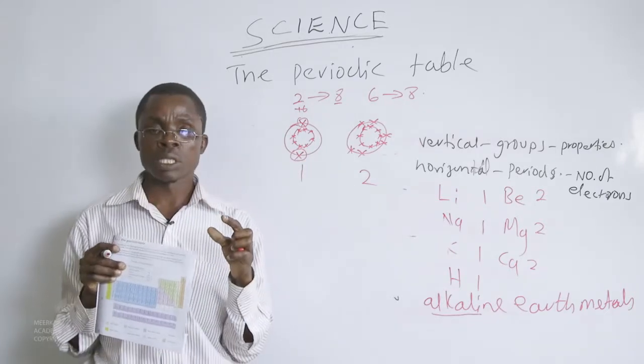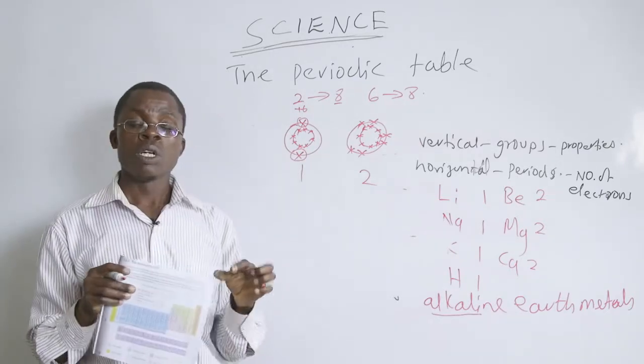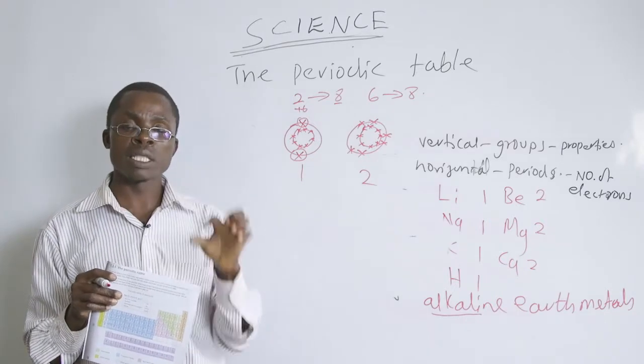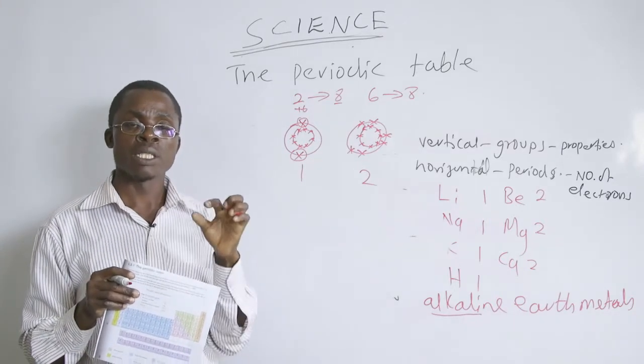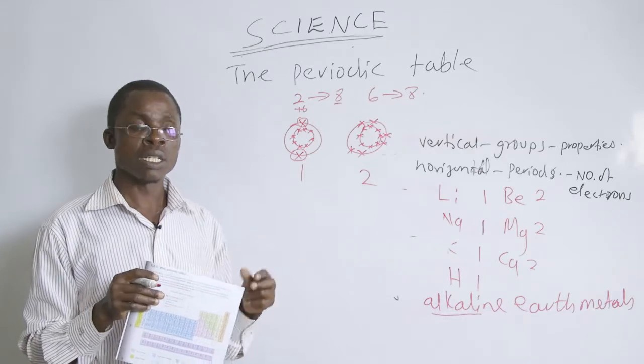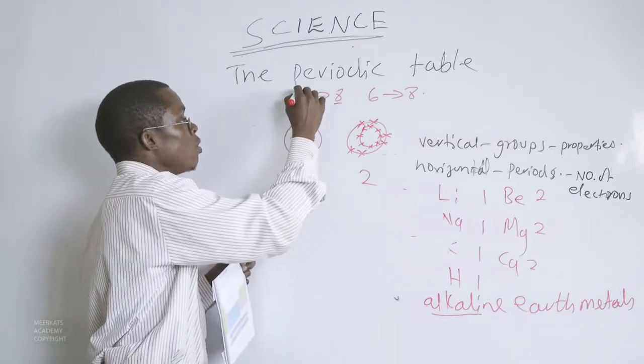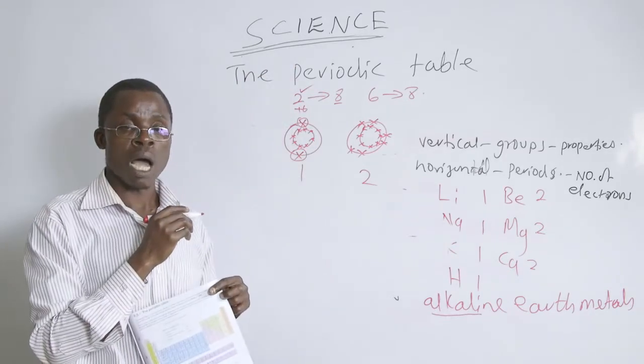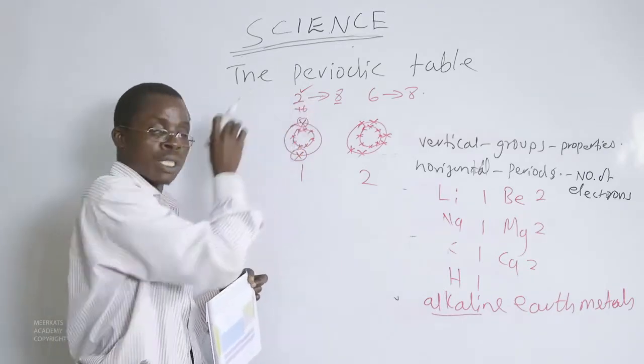In losing 2, you will require less energy than in gaining 6. So logic has it that you will obviously go for losing the 2 and not gaining the 6.